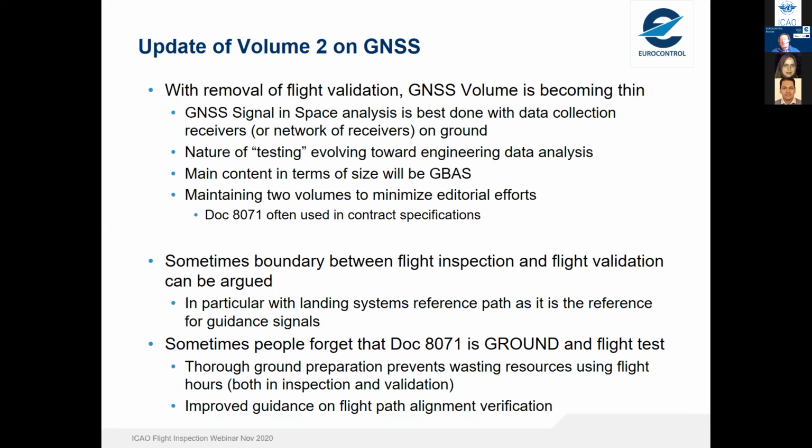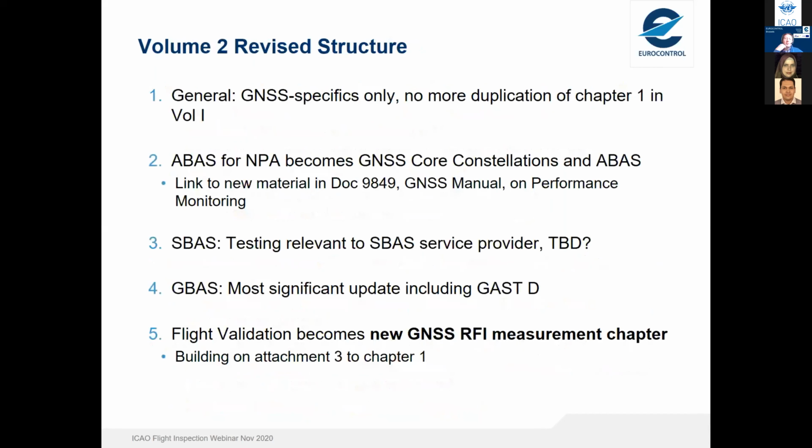And then, of course, if at the end of the day, and this has happened operationally, you get to your flight validation and you find that the approach path doesn't actually point to the beginning of a runway, well, then you've at least figured that out using flight validation. So that should always be discovered at any point in time.